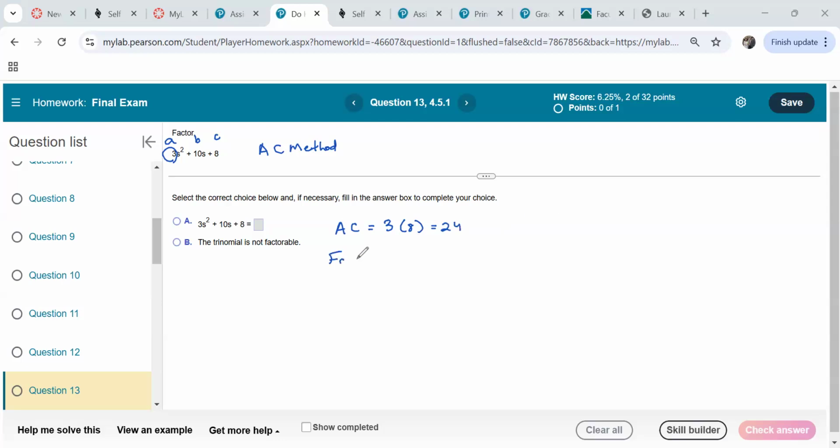So I need factors of 24, because 3 times 8 is 24, and I need them to sum to give me that middle term of 10. So it's kind of like we did with reverse FOIL. There's just a slight difference here.